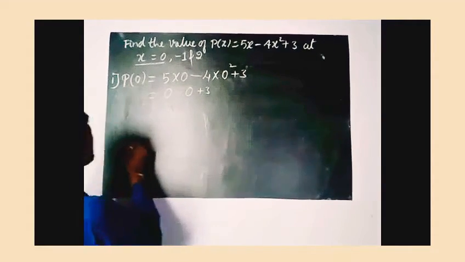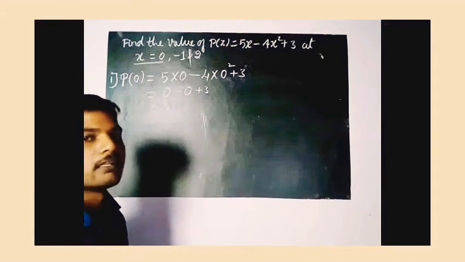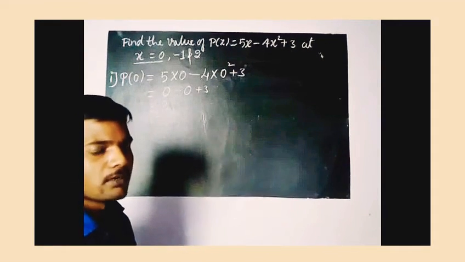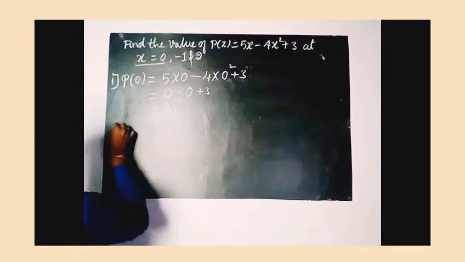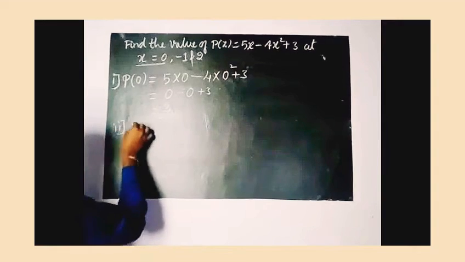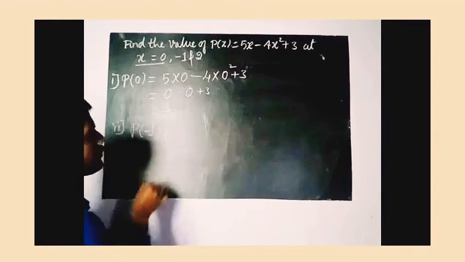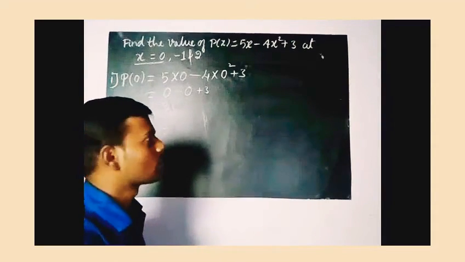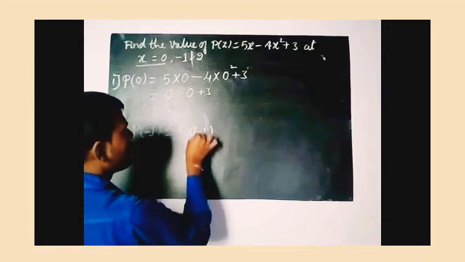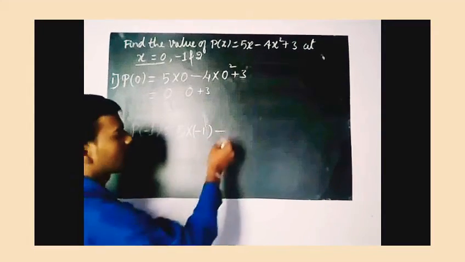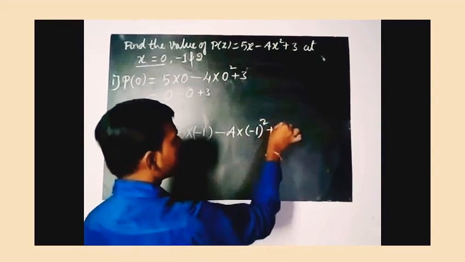Okay, these questions will be asked as 1 mark questions in multiple choice questions, or in 1 mark short answer questions. And then let me give the value x is equal to -1. Then p of -1 is equal to 5 into -1 minus 4 into (-1) whole square plus 3.